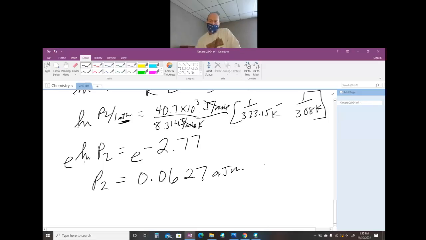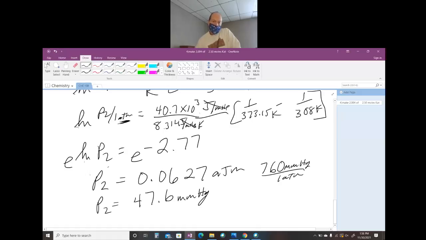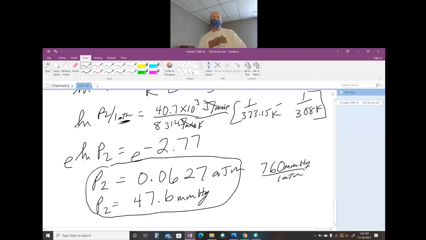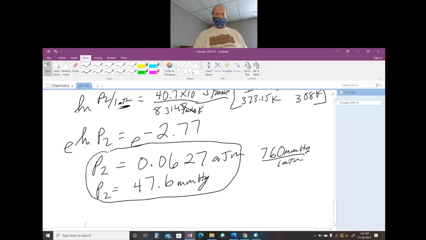So to convert that to millimeters of mercury, there are 760 millimeters of mercury in 1 atmosphere. And so P2 is 47.6 millimeters of mercury. All right, so both of these answers are exactly the same. Doesn't matter which one you pick unless it says give your answer in millimeters of mercury. Well, then you have to put it in millimeters of mercury.